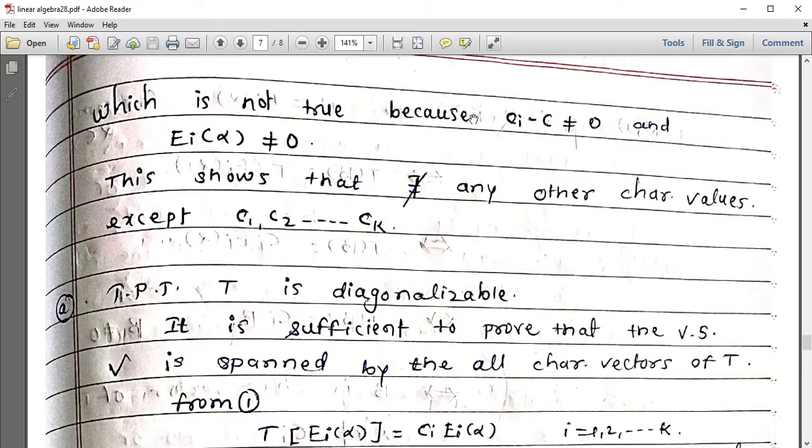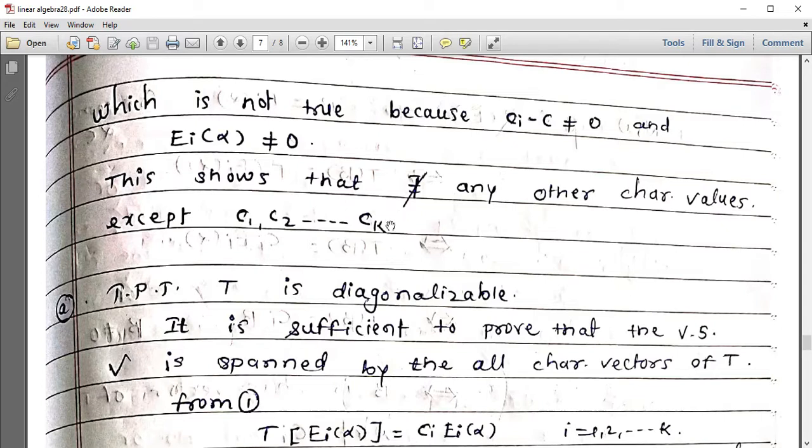Ci minus C is not equal to 0 and Ei of alpha is not equal to 0, yet the product of two non-zero terms becomes 0. Hence, this shows that there does not exist any other characteristic value except C1, C2 up to Ck. We get the contradiction. Hence, there does not exist any other C except these Ci's.